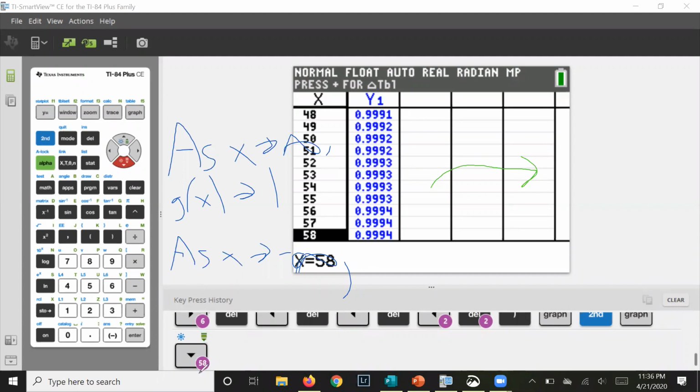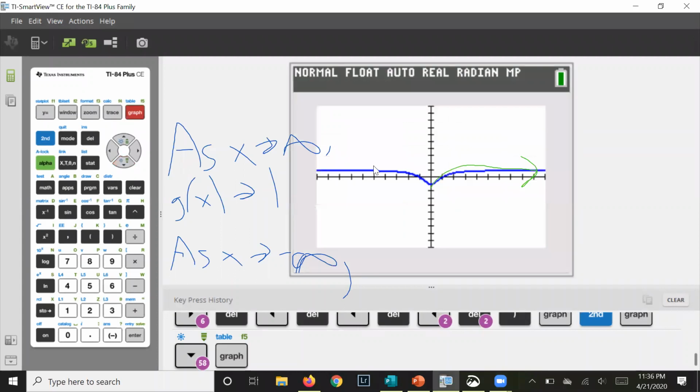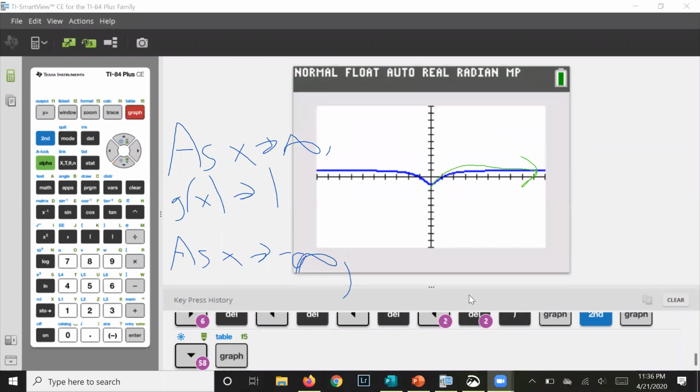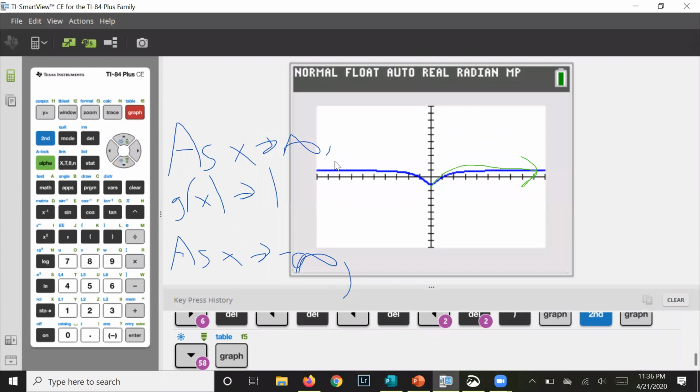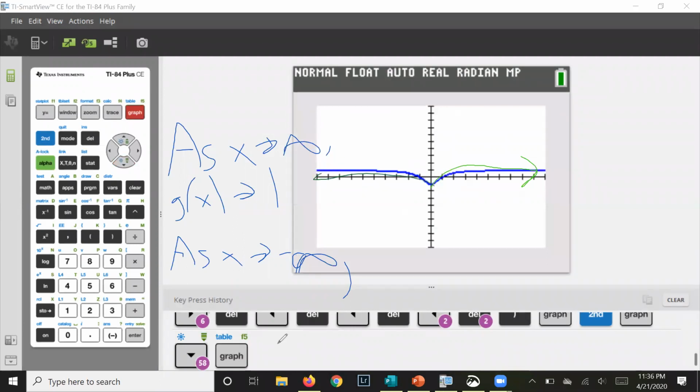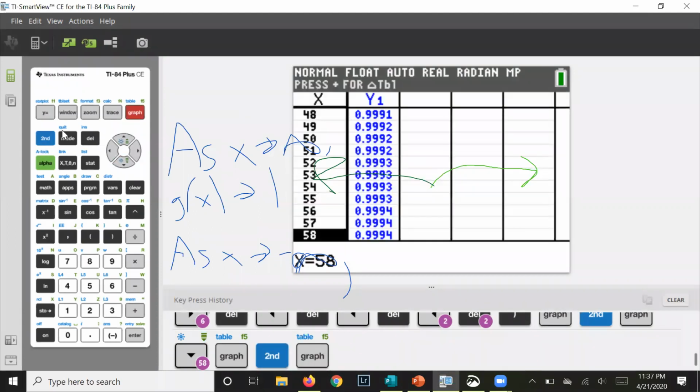Okay? Now what if we go the other way? So going back to the graph, what happens as we go towards negative infinity now? This way. Okay, well, we can go back to the table here. Gotta go all the way back to 0.